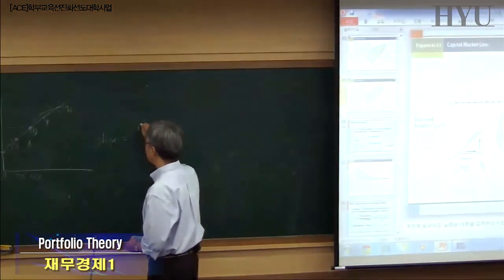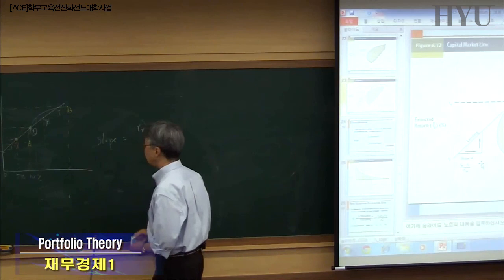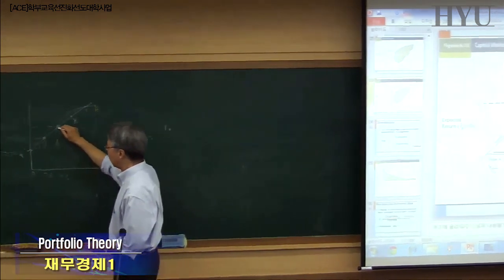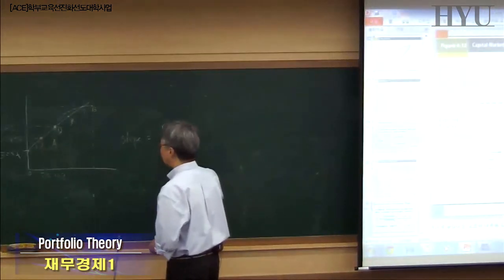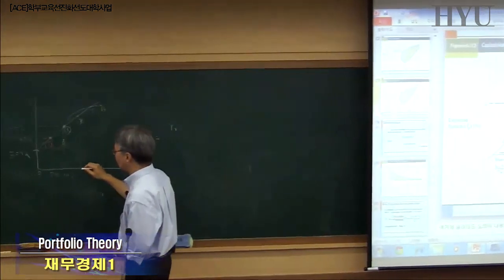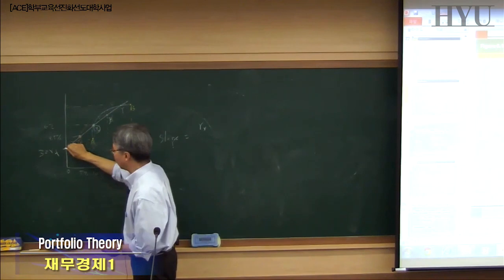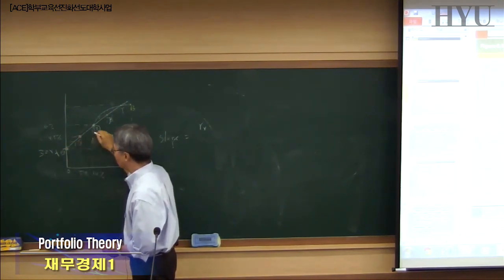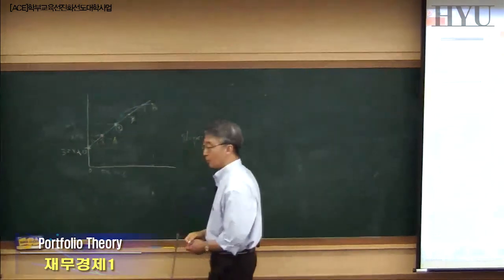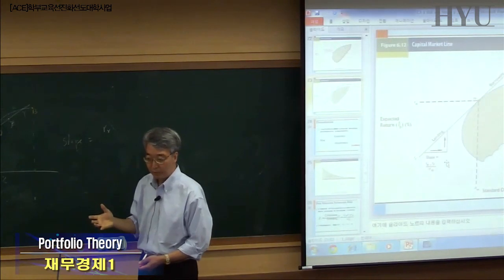is, if you think about any combination, let's say Rx, that had to be from here. Think about this point, let's say combination O and combination X, or portfolio O, which is 100% T-bill portfolio, right?